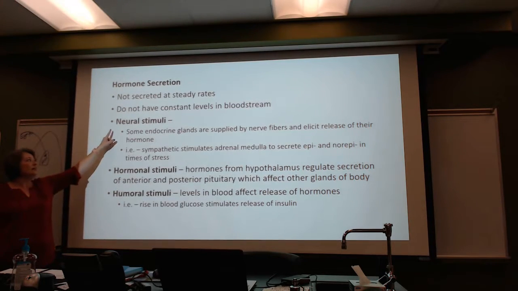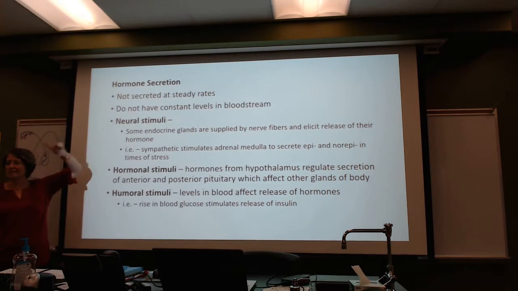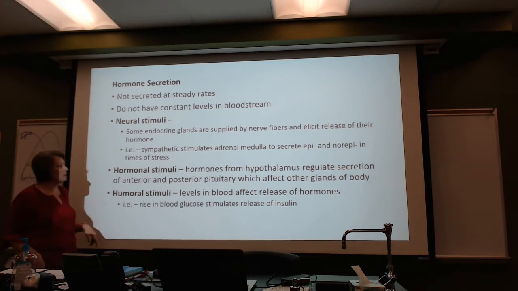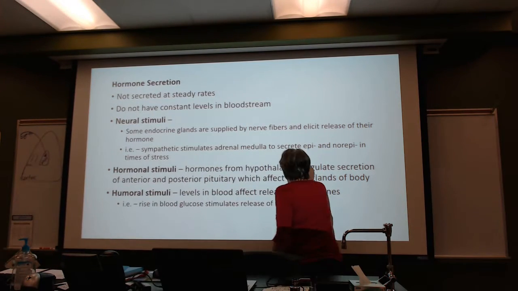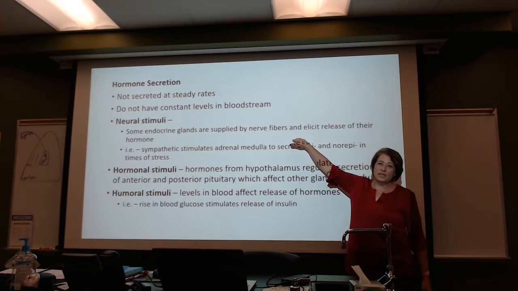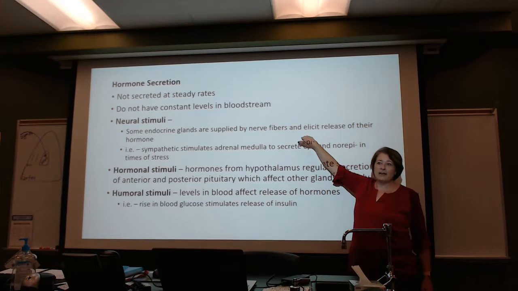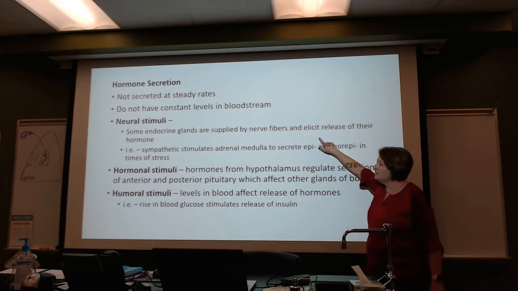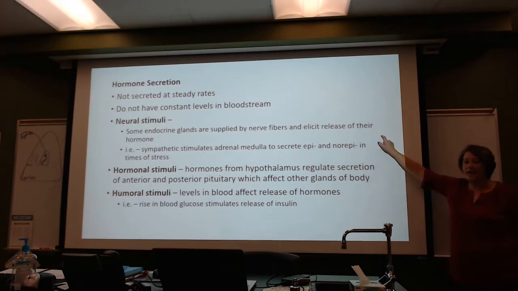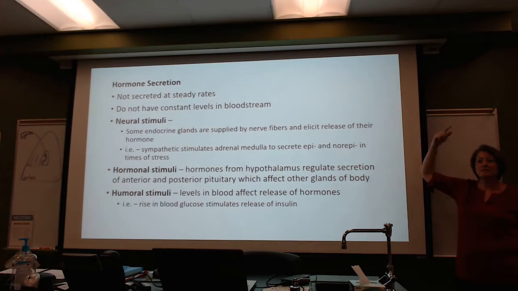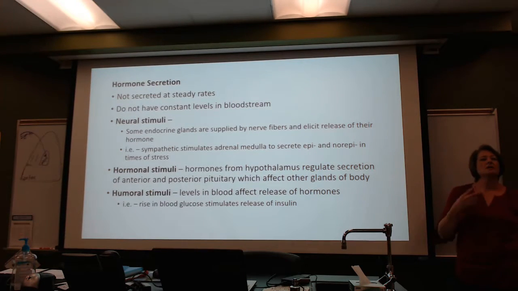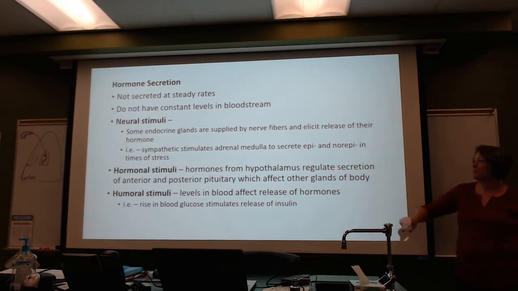If it is a nerve stimulus that's going to control the secretion, some of those glands are innervated, meaning they have nerve fibers that lead to them, and that elicits some type of response.